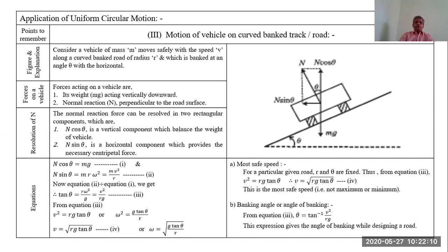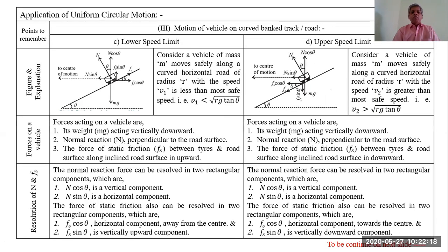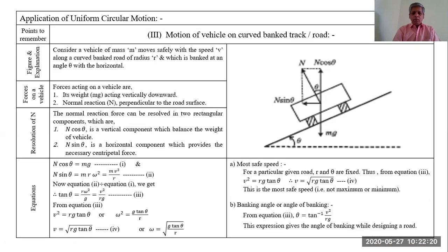These are the expressions for the velocity or speed of a vehicle when safely driven along the curved banked road. Now, this speed is the most safe speed for a particular given road of radius r and angle of banking theta.